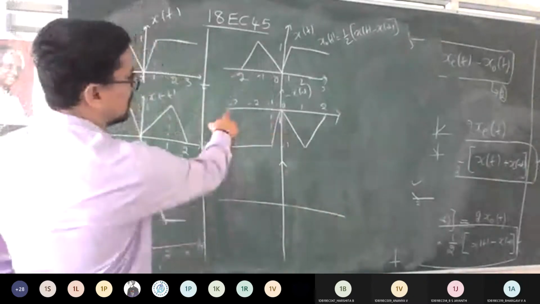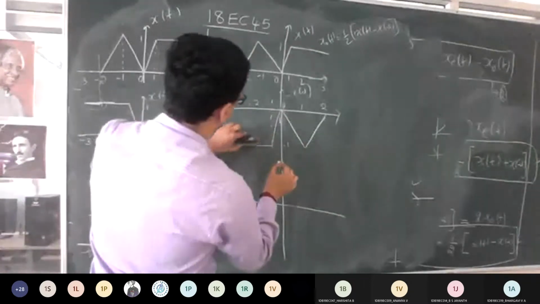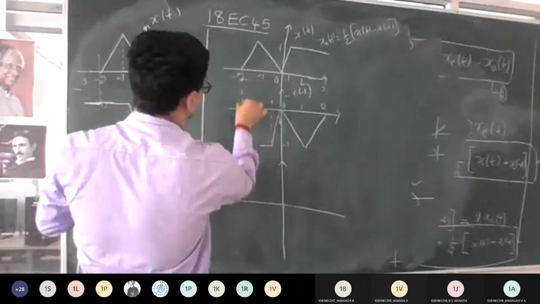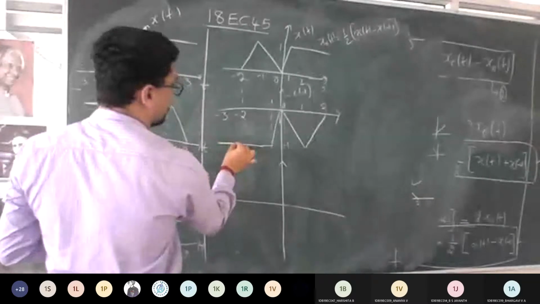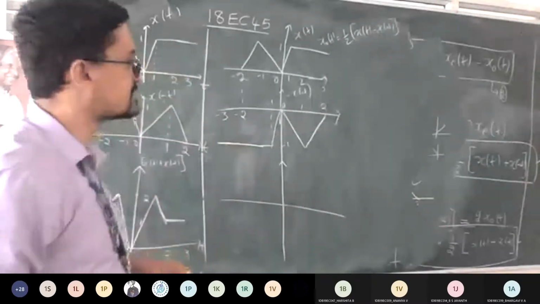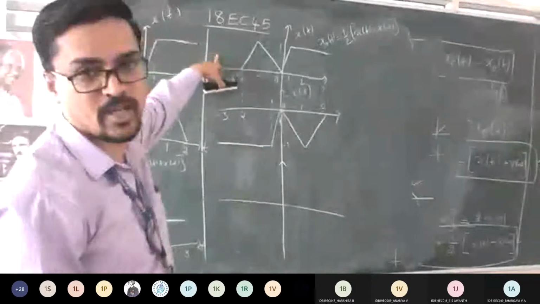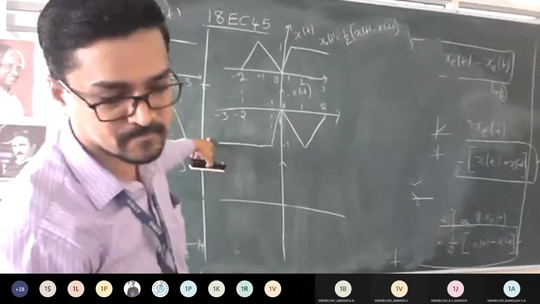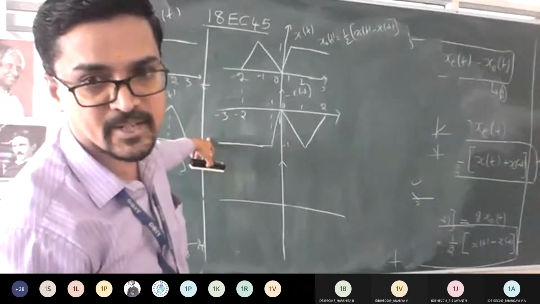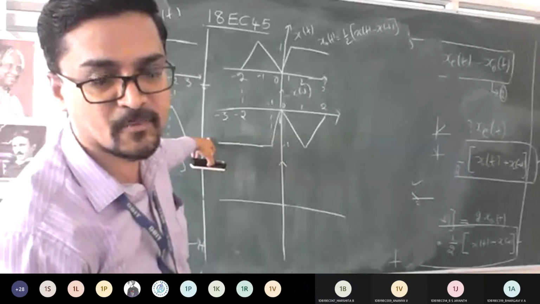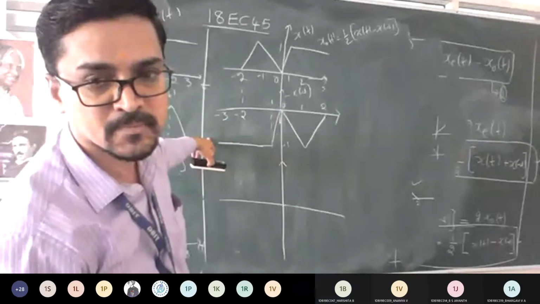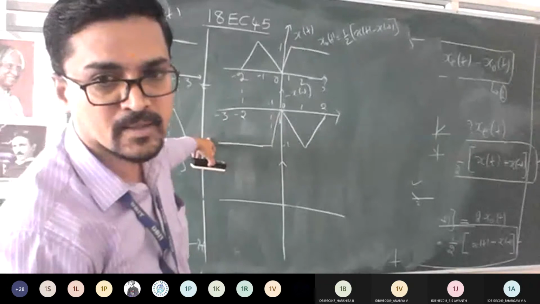So now look at minus 3 to minus 2. Let me take exactly this. So this is minus 2. Look at here. Again minus 2 to minus 3, the signal here is 0. So how does it look now? 0 and minus 1. So the signal will be towards positive or negative now? Negative.